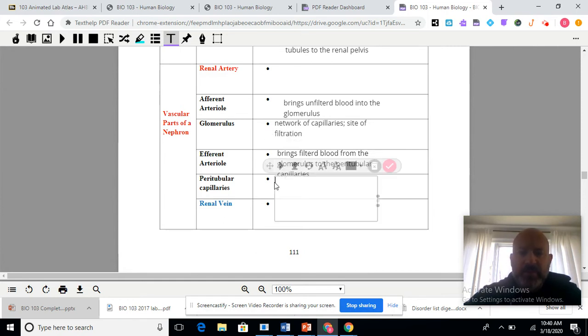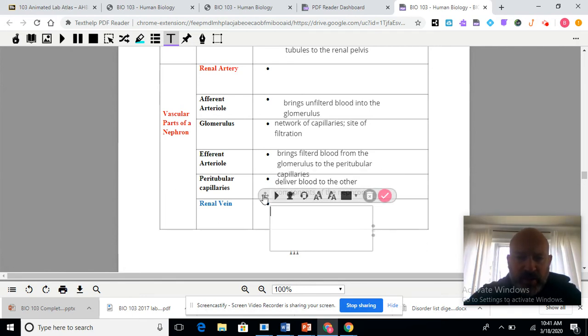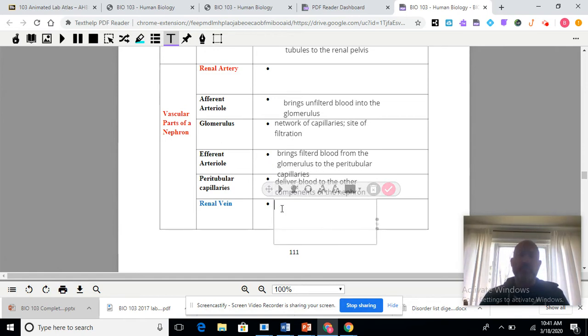Peritubular capillaries deliver blood to the other components of the nephron. So that includes the proximal convoluted tubules, the loop of Henle, the distal convoluted tubules. And from there, the blood drains into the renal vein. And it's at this point that the blood is completely filtered. And it's in the renal vein that we're bringing the filtered blood back into circulation. But we're not going to write that because we already did.